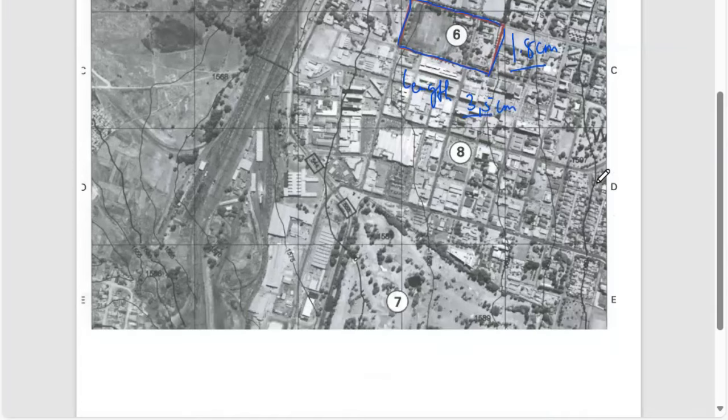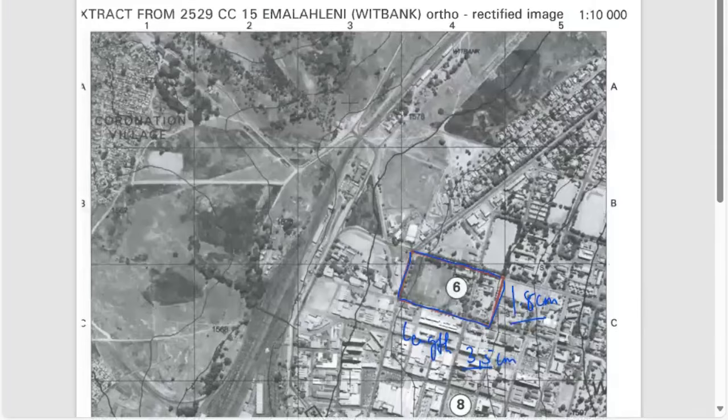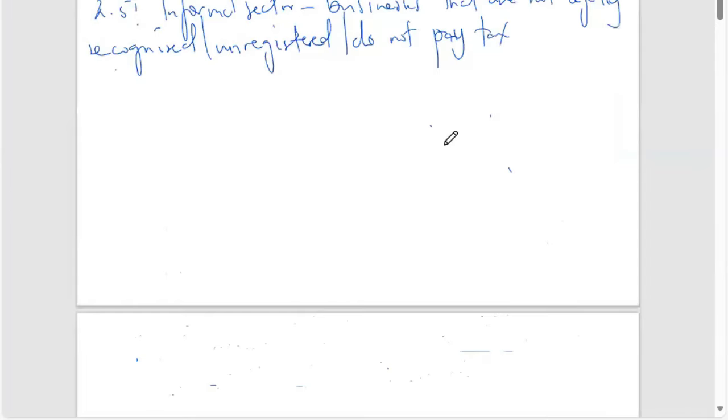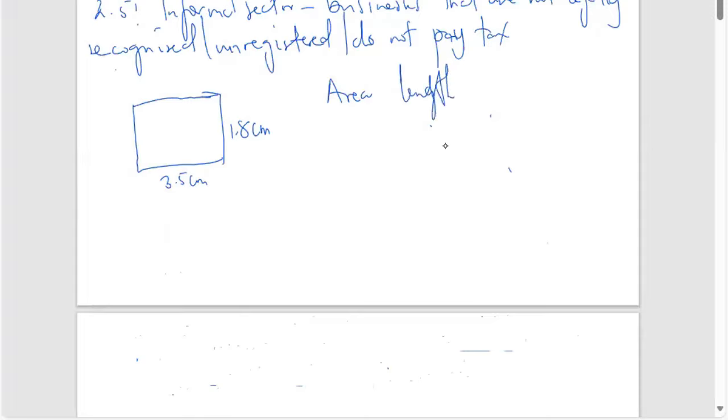So we have a breadth of 1.8 and a length of 3.5. Those are our dimensions, so let's do the calculation. Our feature is like this. It has 1.8 centimeters and my measurement is 3.5 centimeters. We want to find the area of this. Area is equal to the length times the breadth.